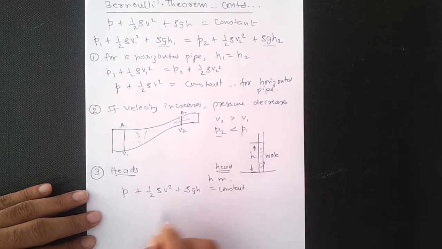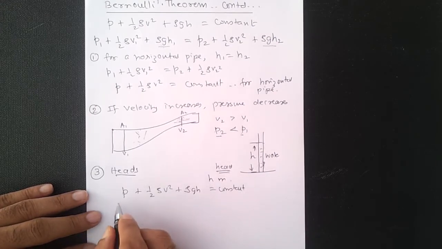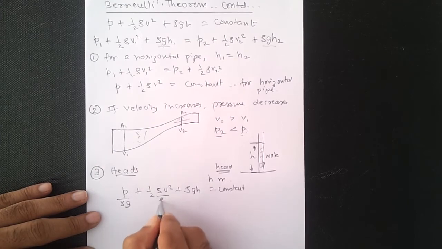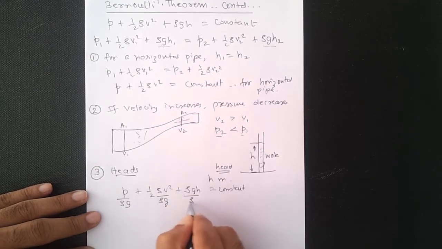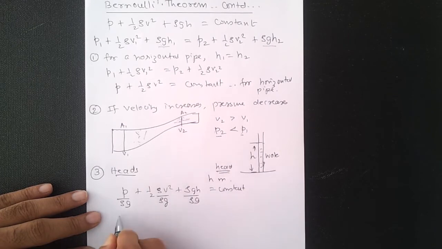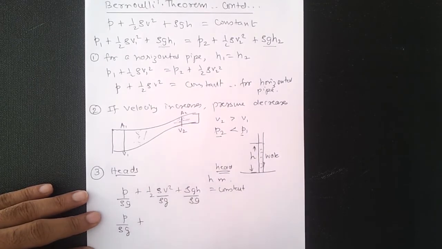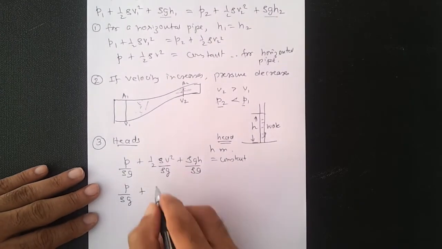And if I divide this equation by rho g throughout, then I'll get P upon rho g plus v square upon 2g plus h is equal to constant, as rho gets cancelled.